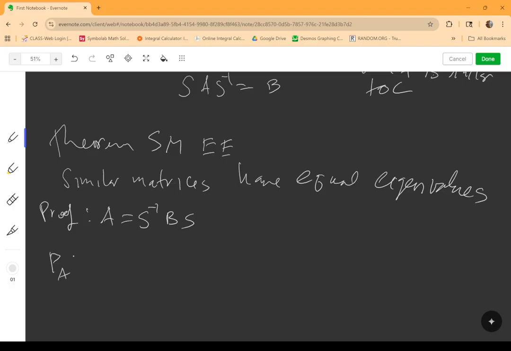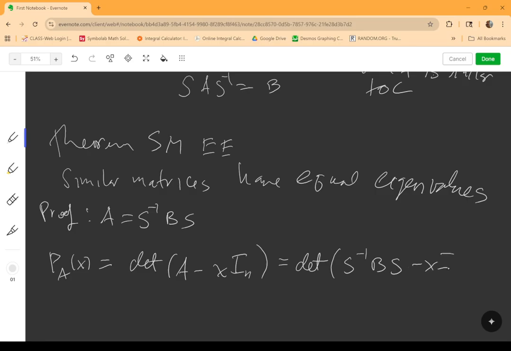So the characteristic polynomial of matrix A is the determinant of A minus X I N. Because of the similarity hypothesis, this is equal to the determinant of S inverse B S minus X I.